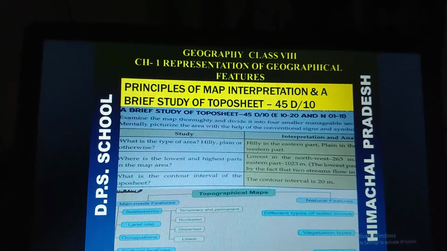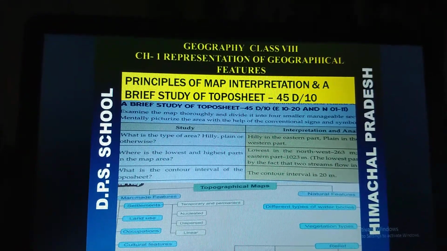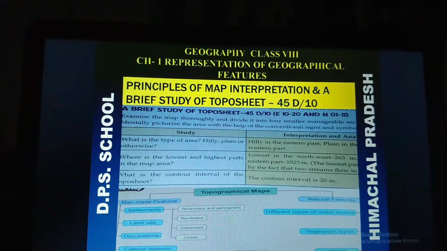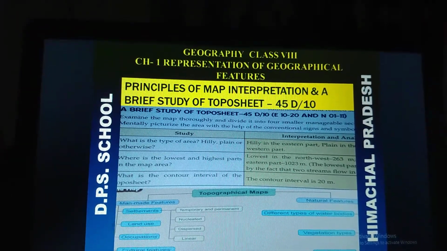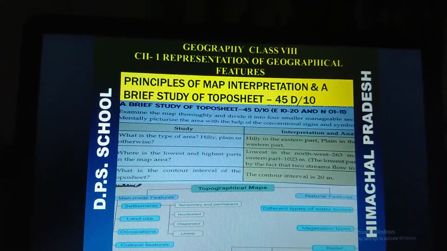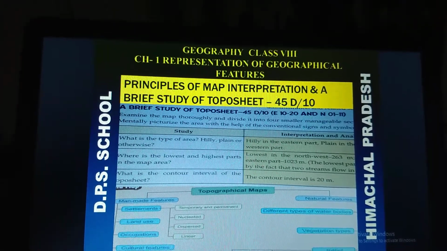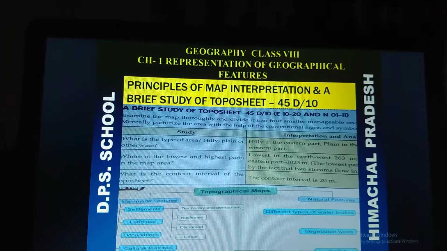Then we see what are the different types of vegetation you can see. Fairly dense mixed jungle, open mixed jungle, dense mixed jungle with bamboo and open scrub. So these are the different types of vegetation which we can see. Then there is another question. Do you see any kind of perennial water feature?